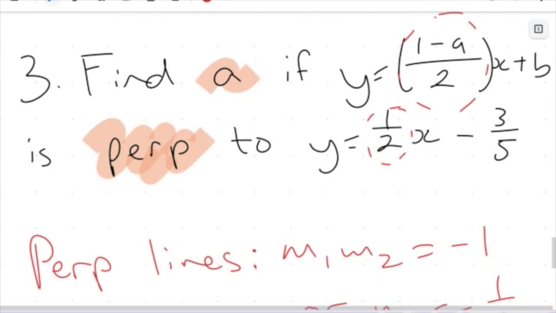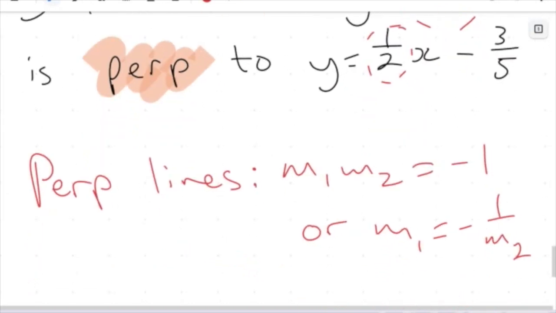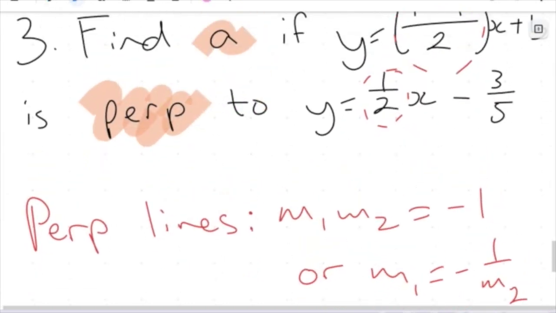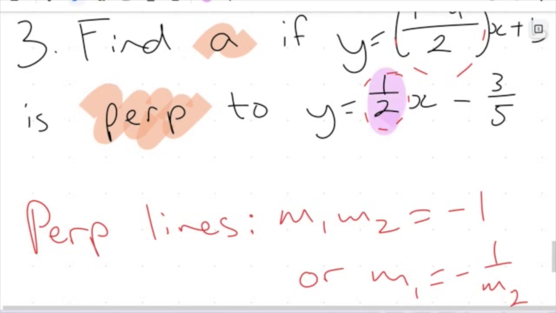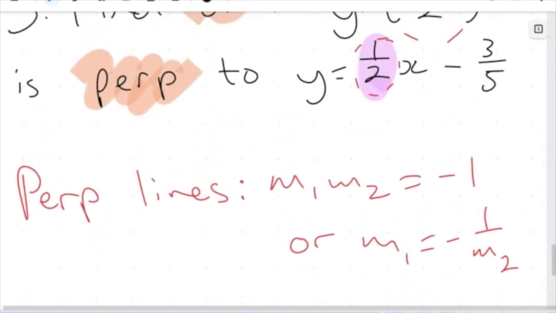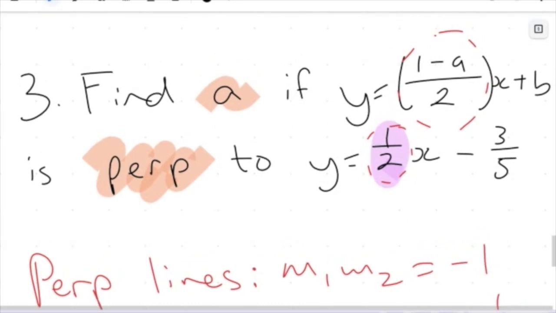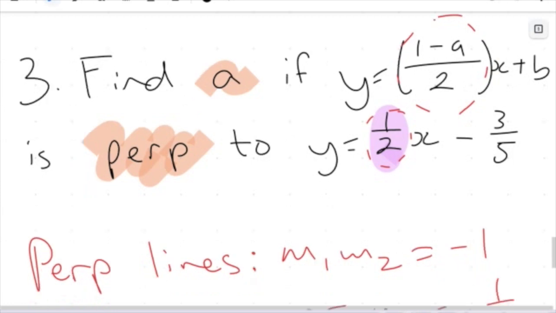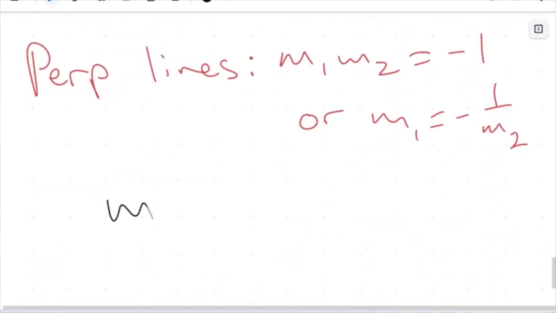So, okay, I have that this is perpendicular to this second line. So I already know what my gradient has to be. I know that my gradient must be the negative reciprocal of the other line's gradient. So my gradient, 1 minus a over 2, is equal to the negative reciprocal of a half. And I can calculate this. I can say, well, m1 times a half equals -1.